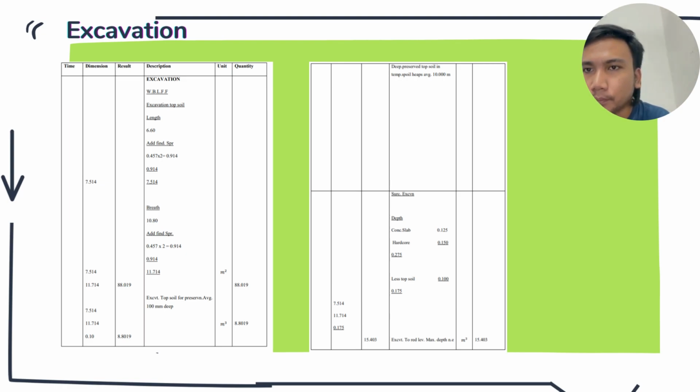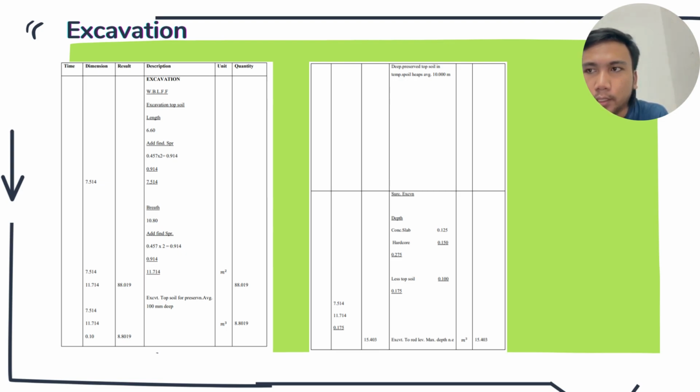For the excavation depth, we assume the concrete slab is 0.125 and the hardcore is 0.150, so together they are 0.275. For the topsoil, we minus 0.100, and we get 0.175.